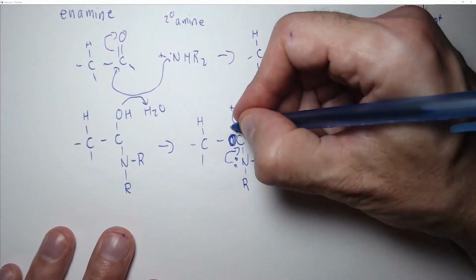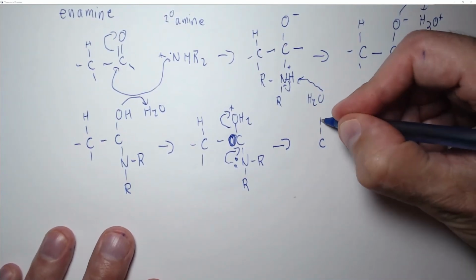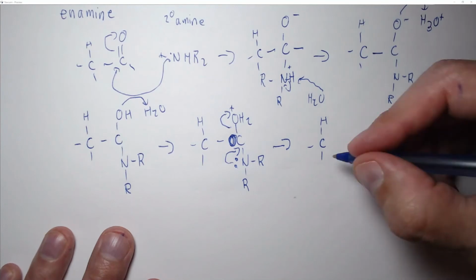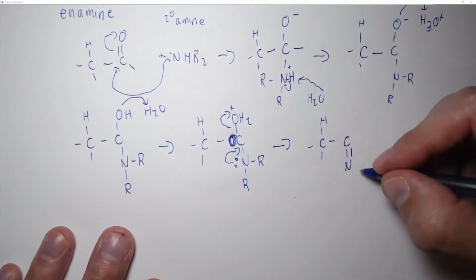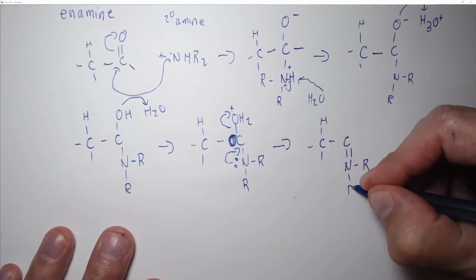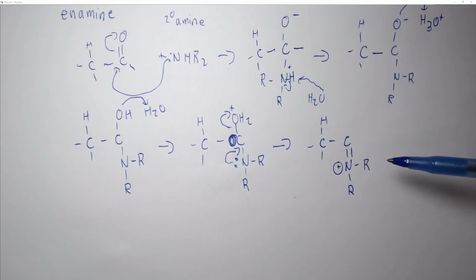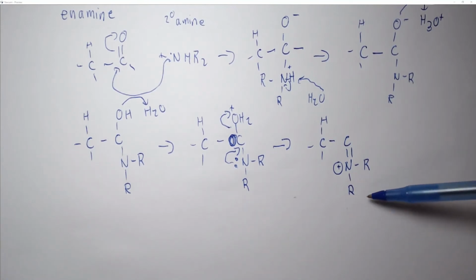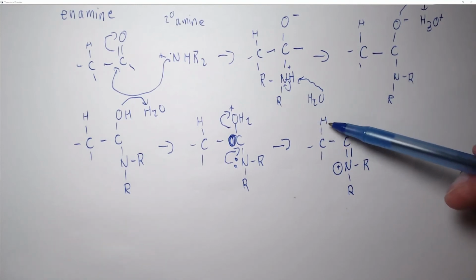This drops in, that gets kicked out. And what we end up with is a C bonded to an H, bonded to two things, bonded to a C, double bonded to an N bond R with a positive charge. The difference is there's no H to lose here, but because we have this structure, this proton actually becomes acidic.